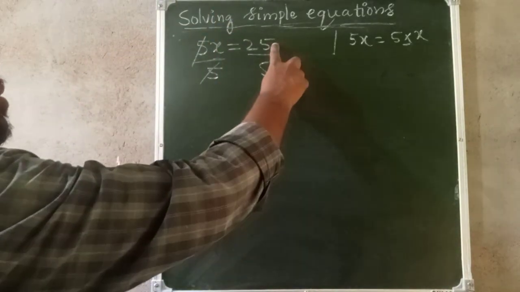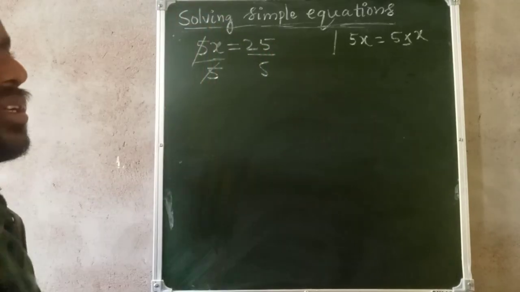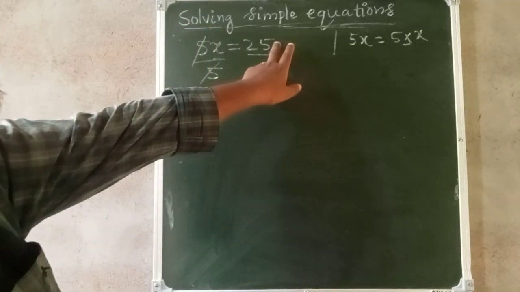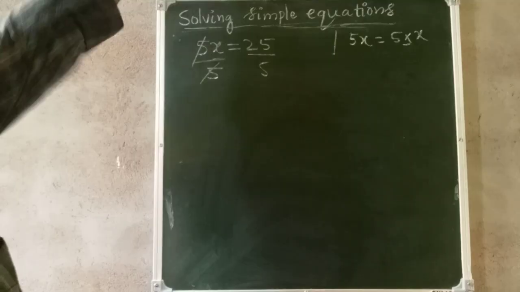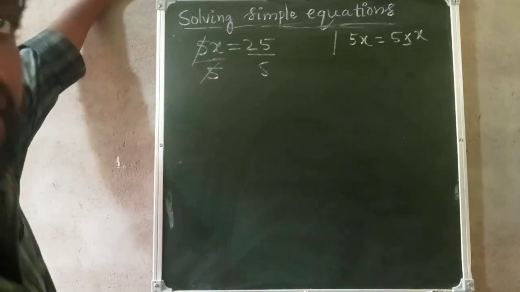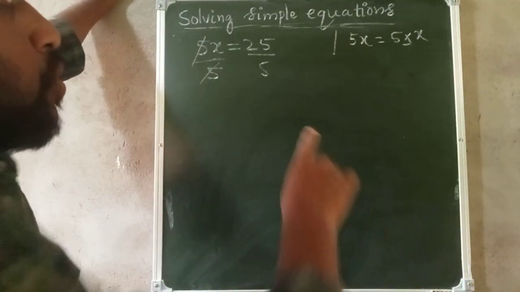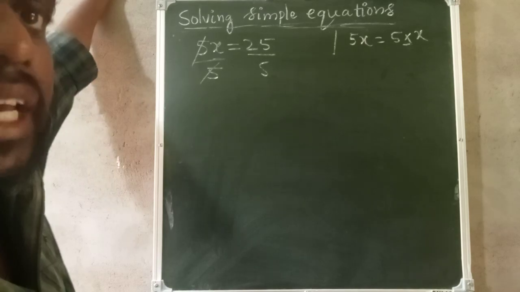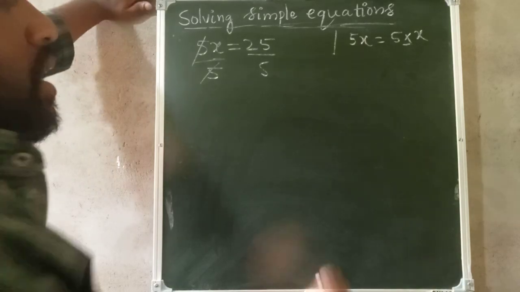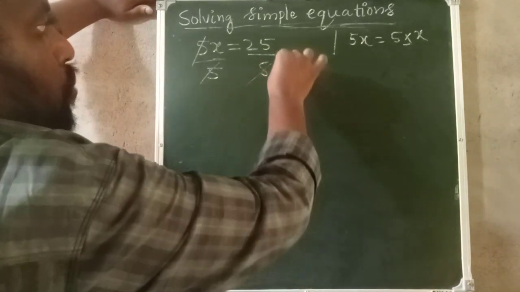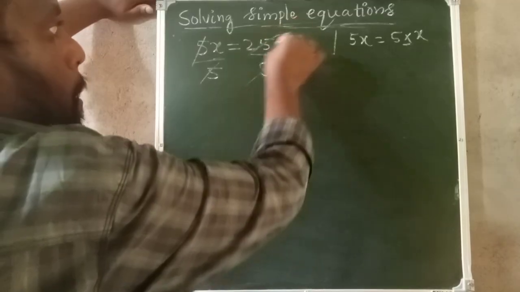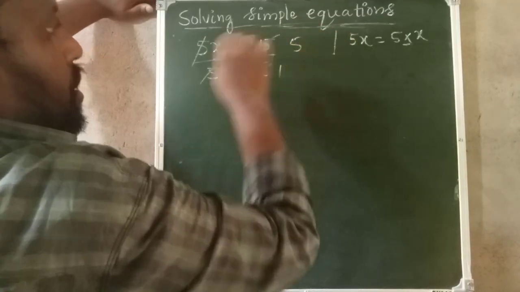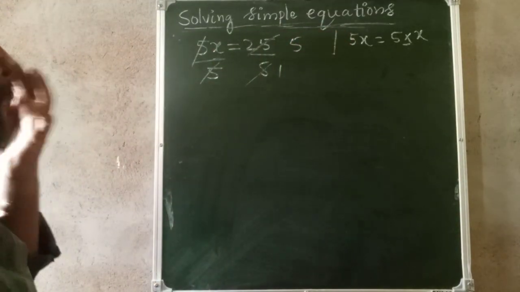Next, this is 25 by 5. That means dividing 25 by 5. So you take a number that divides both 5 and 25 completely, which is that number 5 only. See, 5 ones are 5, 5 fives are 25.